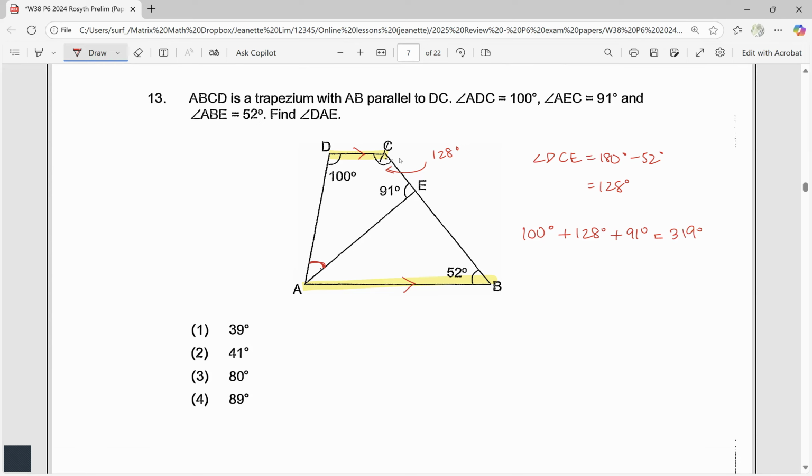That's 319. Then I'll take 360 minus 319. Answer 41 degrees. Okay, so option 2.